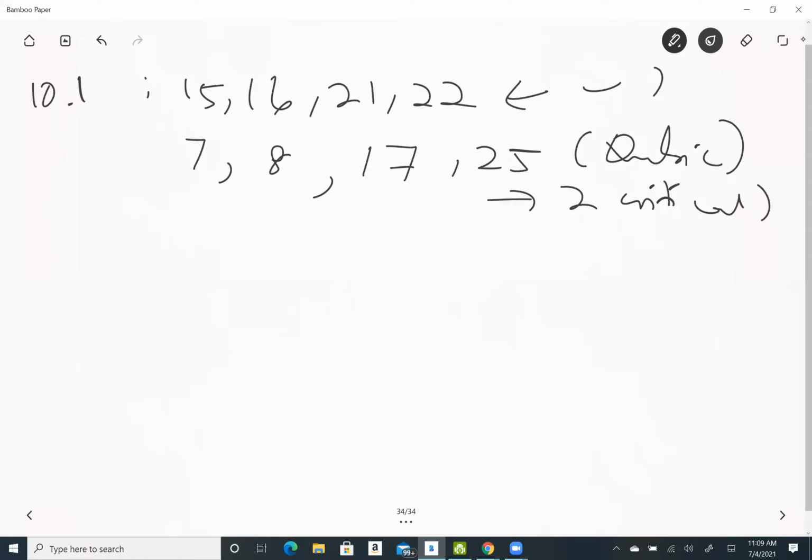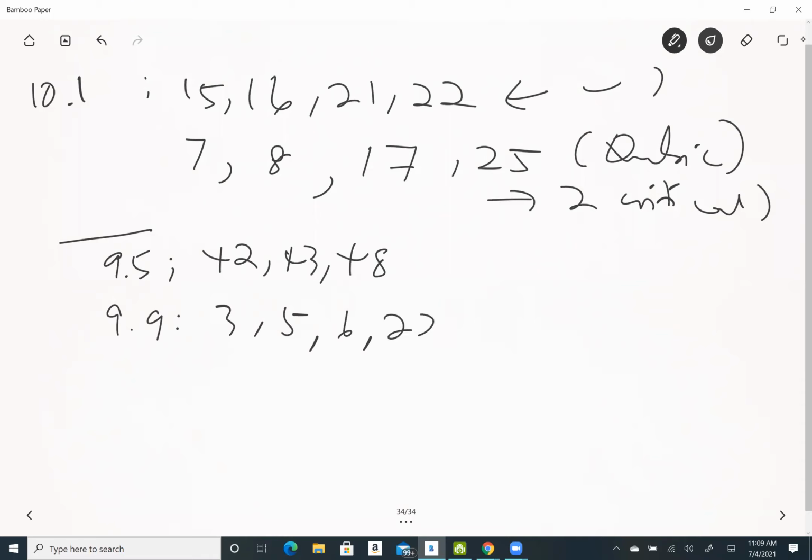I think 9.5 I haven't given you, but if I have given you, that's fine. So 43, 48, and then for 9.9, which I have not given you, I think 3, 5, 6, 22, 28. That is 9.9, and that's 9.5. Any question?